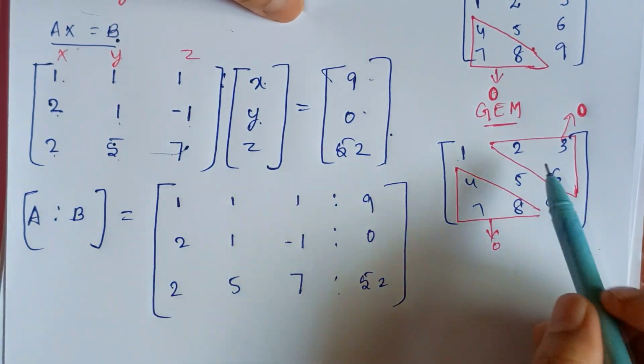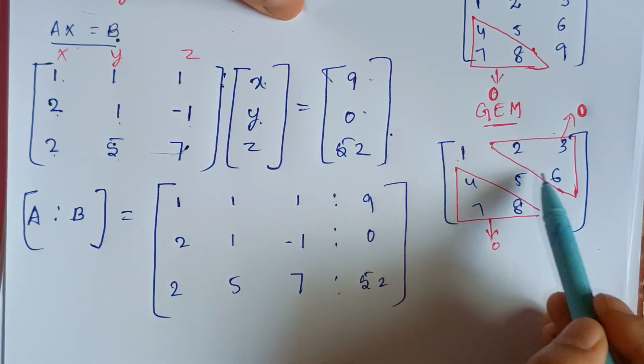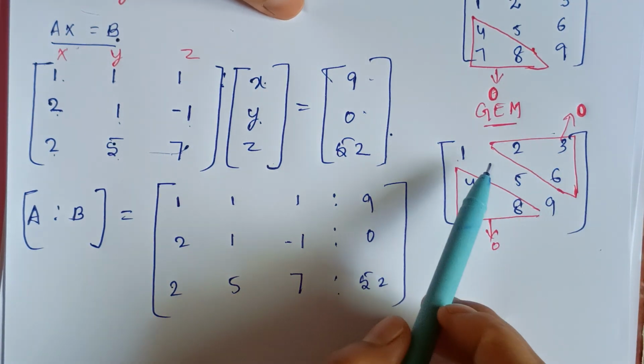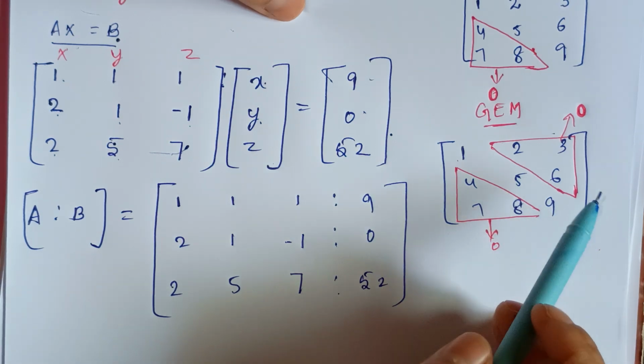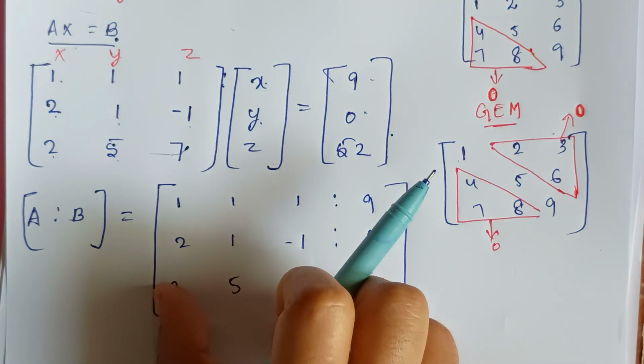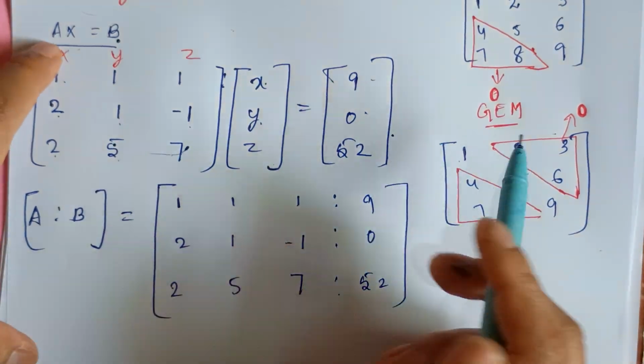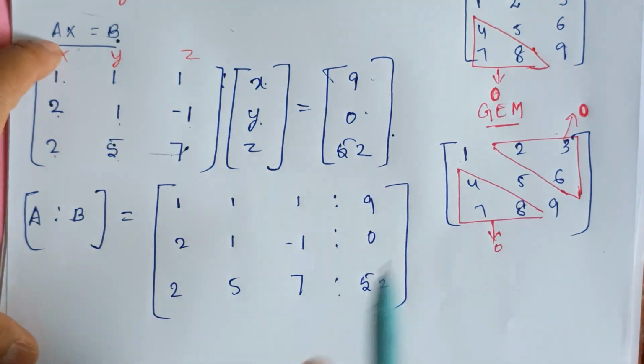What I have to do is reduce these elements to 0 and these elements to 0, and with the remaining thing I can find the values of x, y, and z. That is what I'm aiming to do in this video, and that is what this question asks me to do.